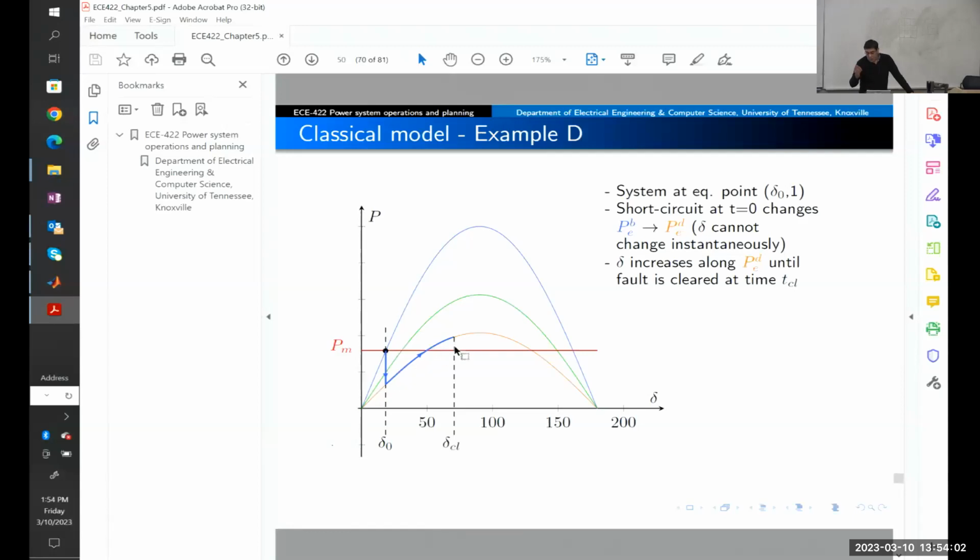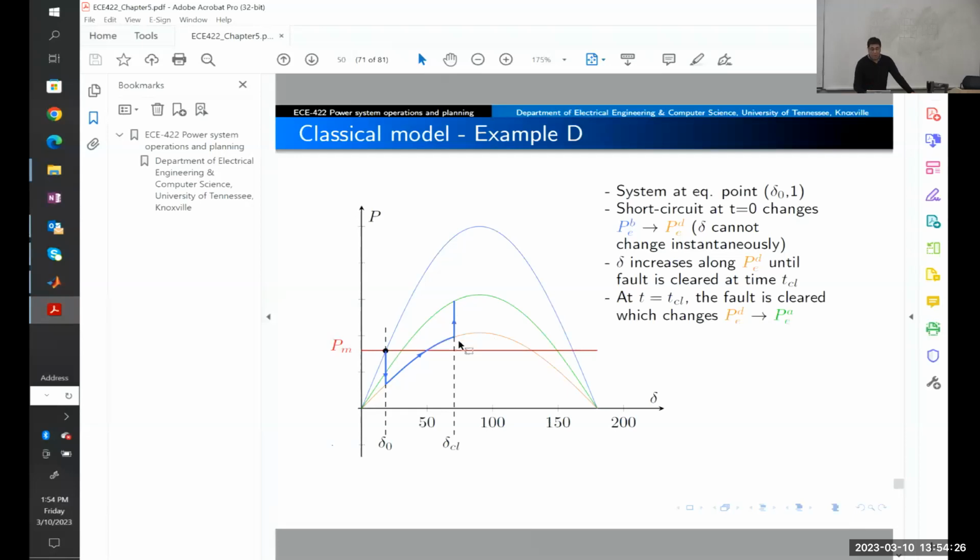At this point, we assume we're going to clear the fault, and then by clearing the fault, we remove that circuit from the line. Now the line will have just one circuit to send power. By doing that, the power is increased from this orange curve to the green curve. Now we have more electrical power after the fault is clear.